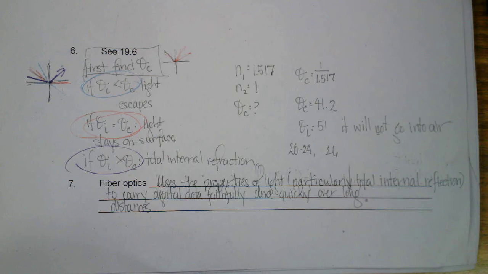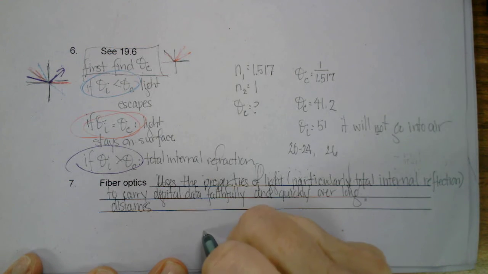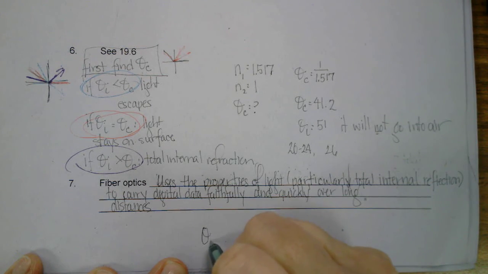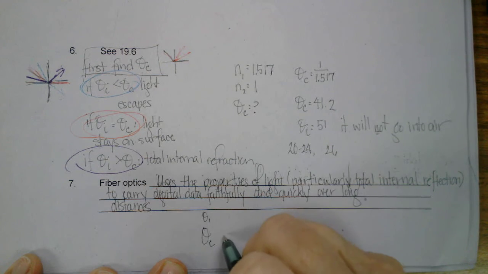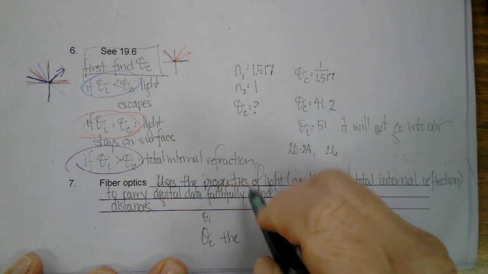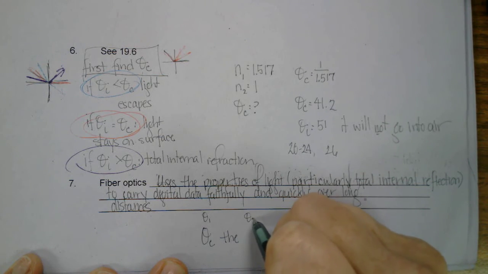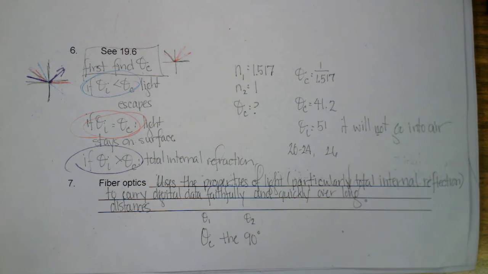That's an important point that you might want to write down: if you have theta sub c as your theta sub 1, then theta sub 2 is going to be 90 degrees. That's by definition.